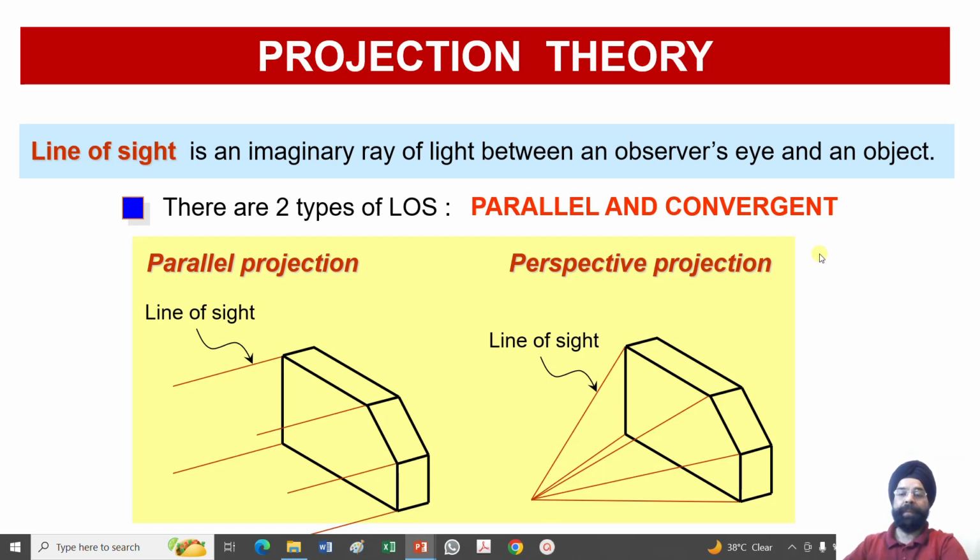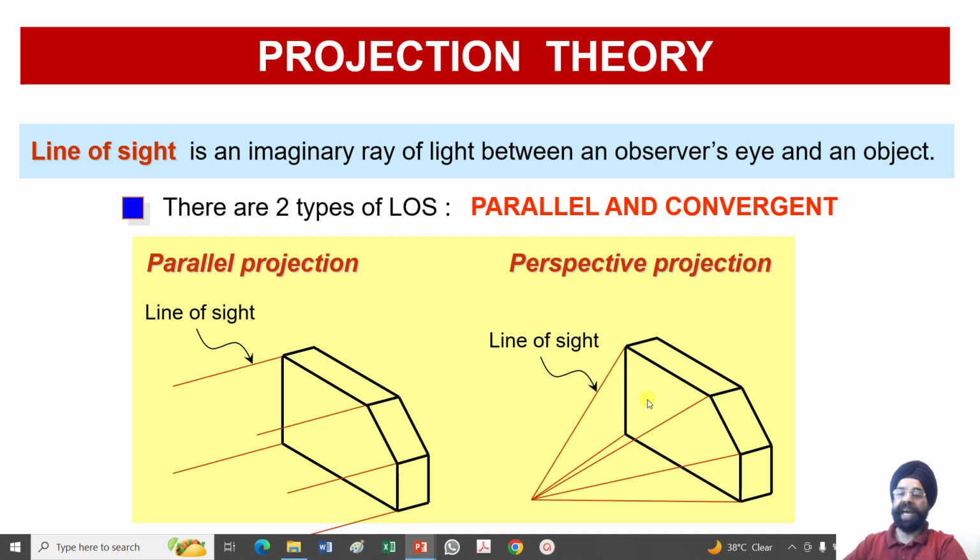The limitation here is, if there is any object which is closer to the observer, that object will appear very big, and in case the observer is at a larger distance from the object, the observer will view that object as smaller. So the distance of the object from the observer is going to decide the actual size of the object which is going to be drawn in any image or view.